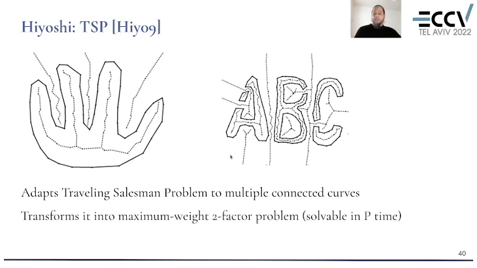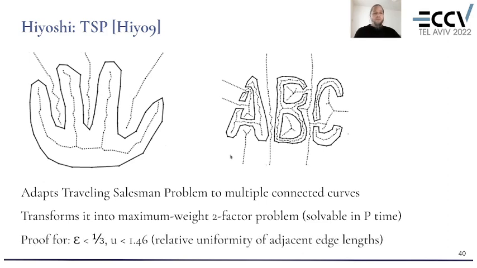Since the traveling salesman problem is NP-hard, it transforms this into a maximum weight two-factor problem, which is then solvable in polynomial time. They give a proof for epsilon up to 1/3, similar to nearest neighbor crust, but they also require relative uniformity of adjacent edge lengths, so the two incident edges of a sample can have a maximum factor of 1.46.